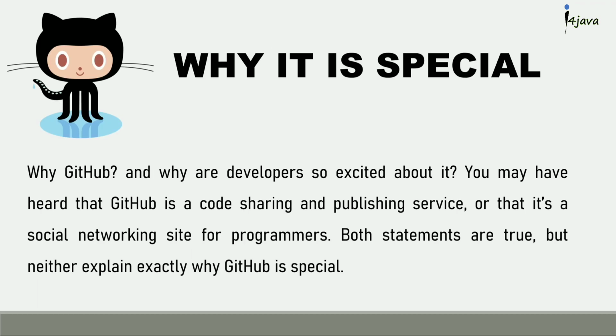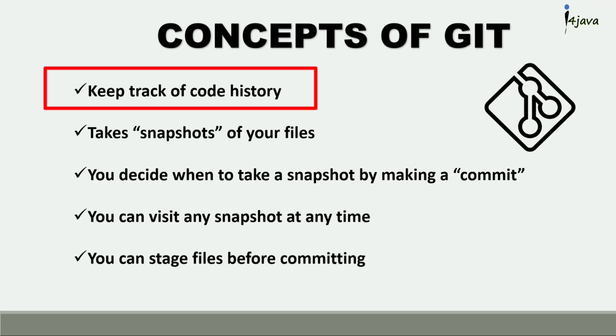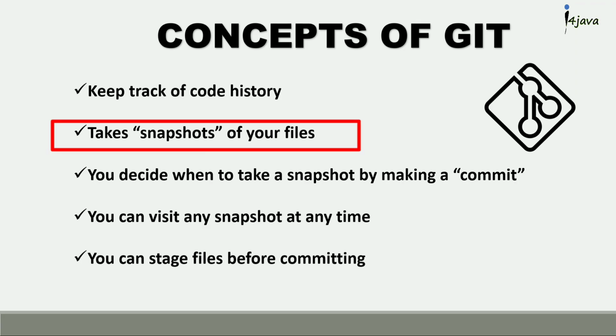Why is it special? Why GitHub? And why are developers so excited about it? You may have heard that GitHub is a code sharing and publishing service, or that it's a social networking site for programmers. Both statements are true, but neither explains exactly why GitHub is special. GitHub is special because of its core concept: it can keep track of your code history and takes a snapshot of your files.